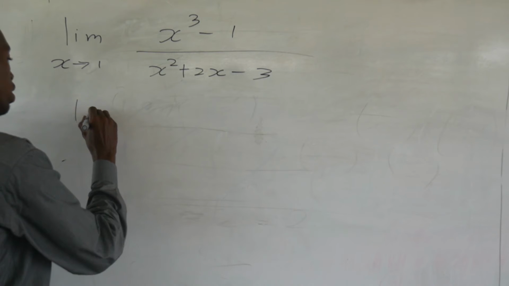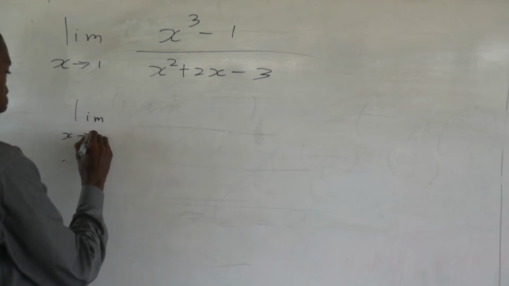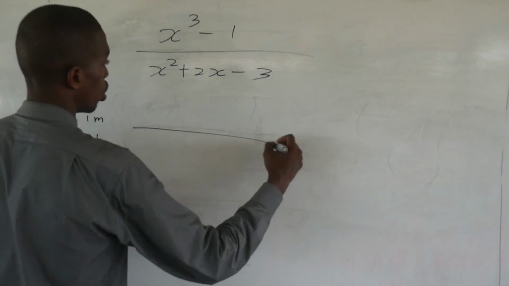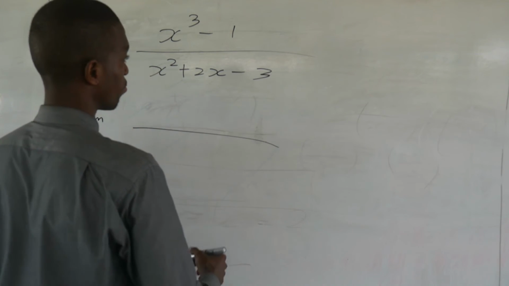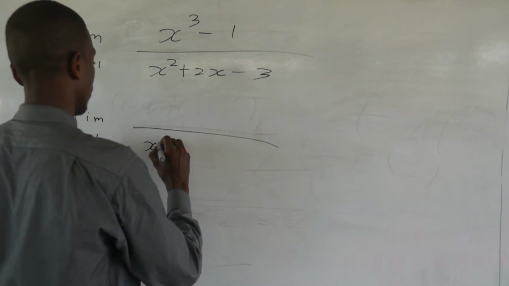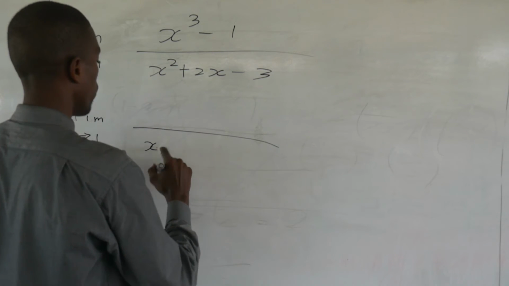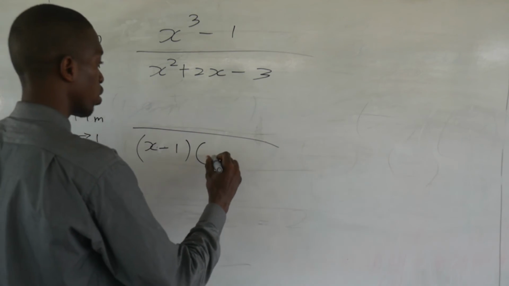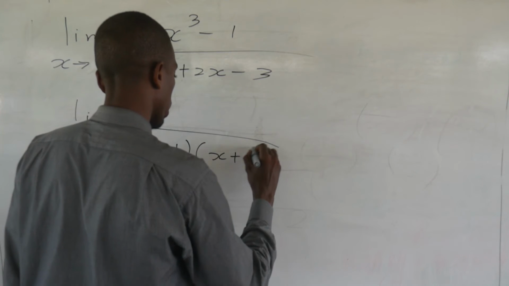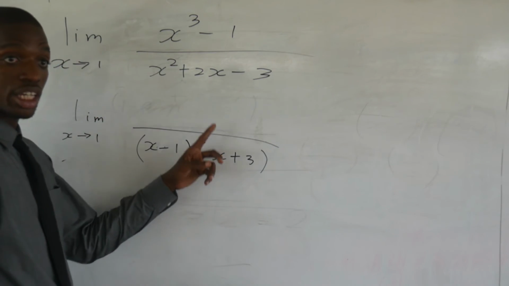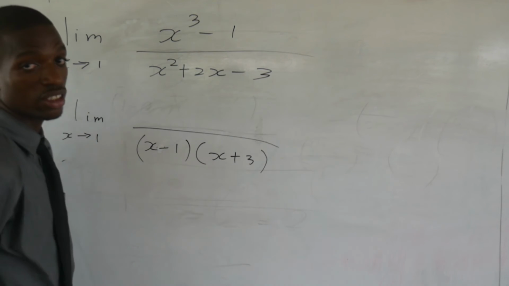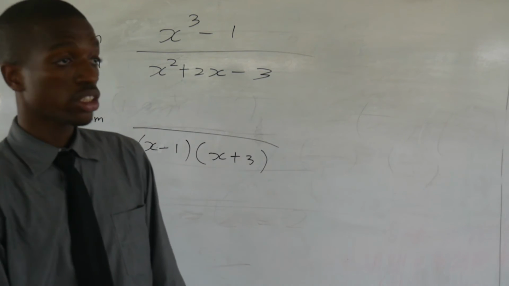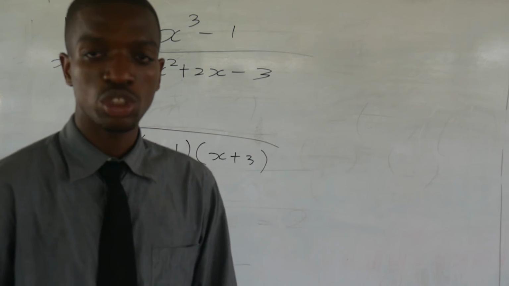So we factorize this into, of course, this one is simpler. Sorry, x minus 1, x plus 3. That gives that. And what do we factor that x to the third power minus 1 into?